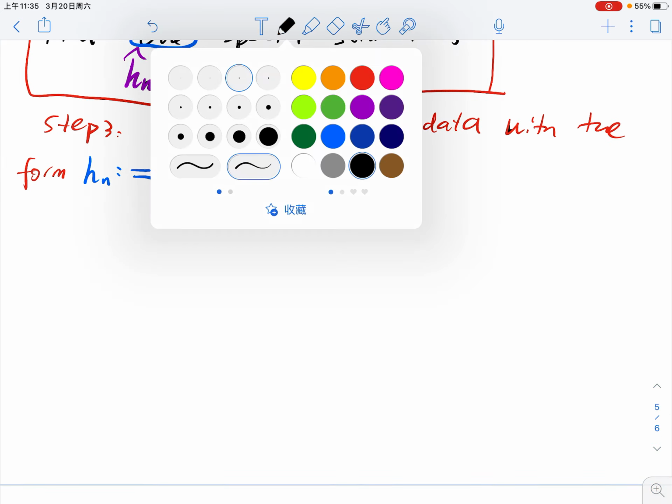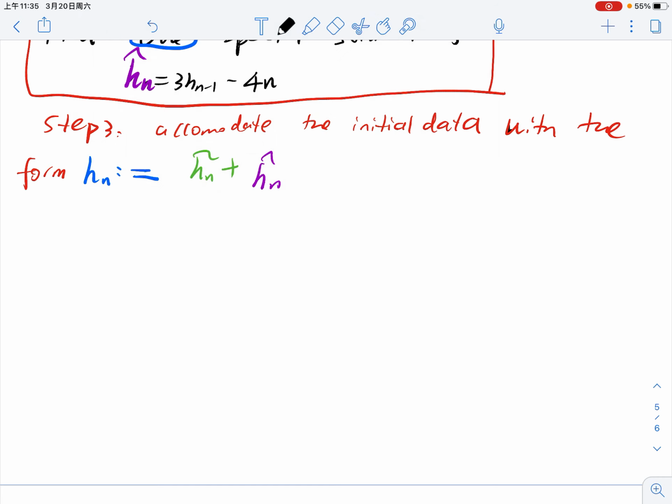Okay, and now let's look at step 2. So how to find a special solution for this one?